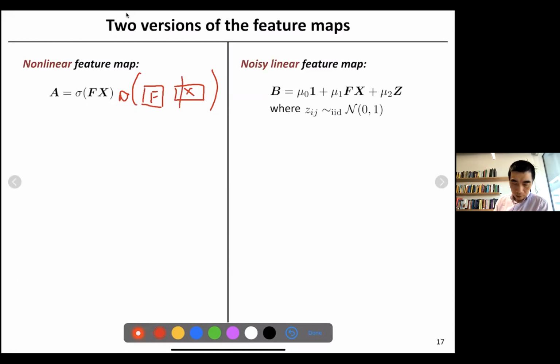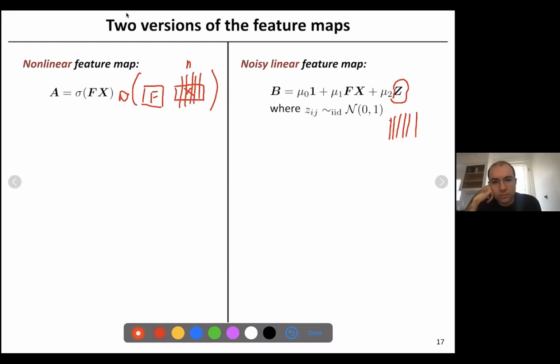So you have n columns for n data points. Similarly, for B you have the same dimension, where Z is a Gaussian matrix. So we are applying an independent noise to each independent sample. So the noise is not frozen. The noise is new for every new sample.